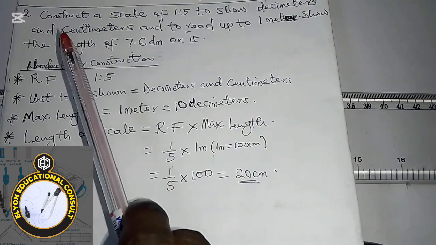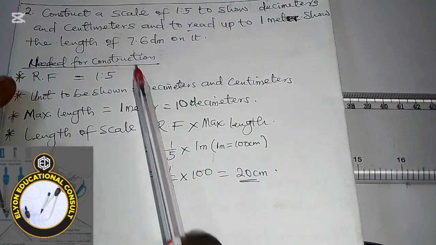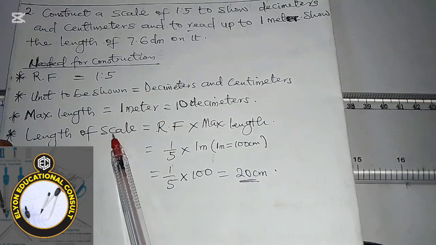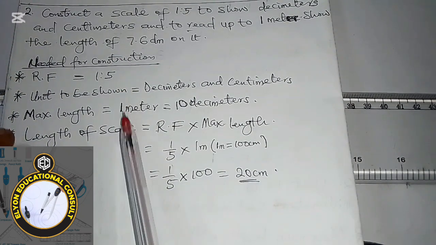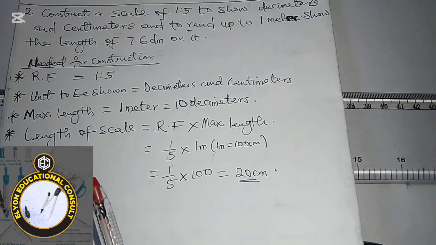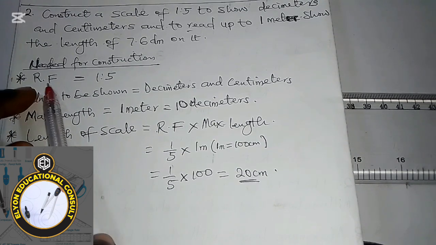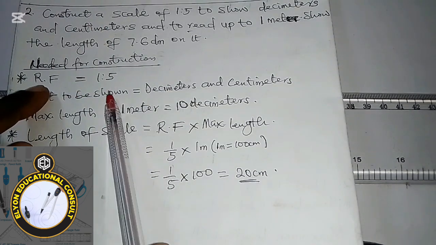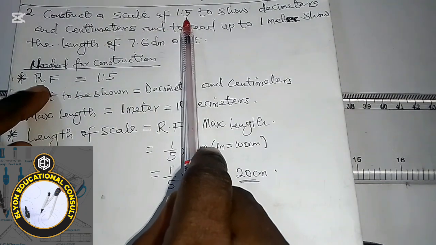Now I've been able to bring out from the question the parameters we are going to be needing in constructing the scale. It is very vital for you to know your representative fraction. From the question, our representative fraction is 1:5.